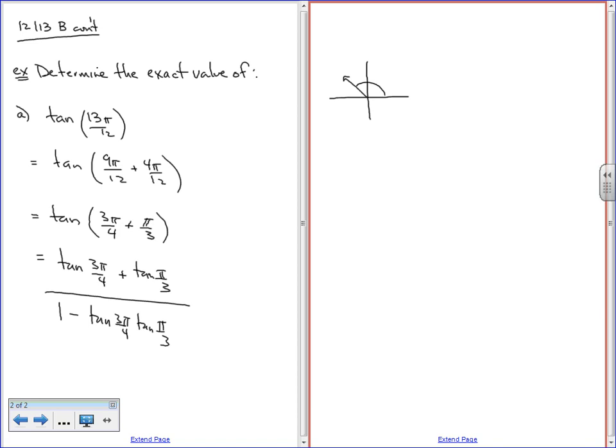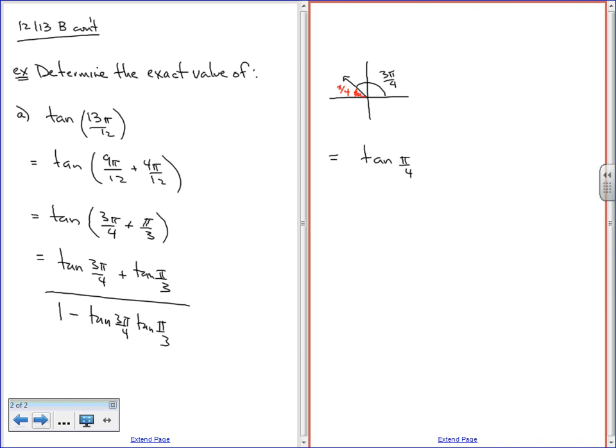So this is the angle I'm trying to figure out the tan ratio for. Now I relate it to one of my angles inside of my special triangle, which is the related angle. What's the size of that one? Yep, pi over 4. So the tangent of 3 pi over 4 is the exact same answer as the tangent of pi over 4.